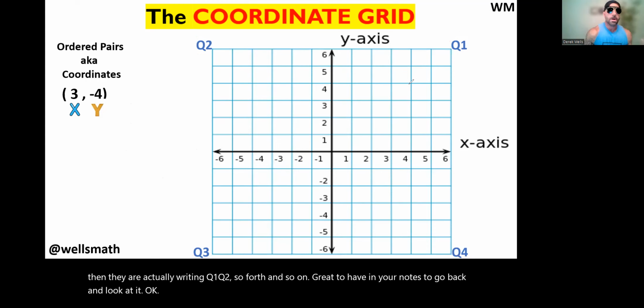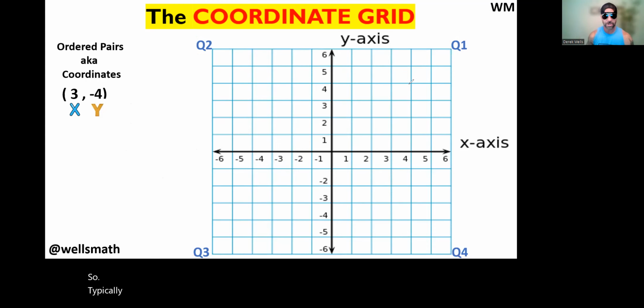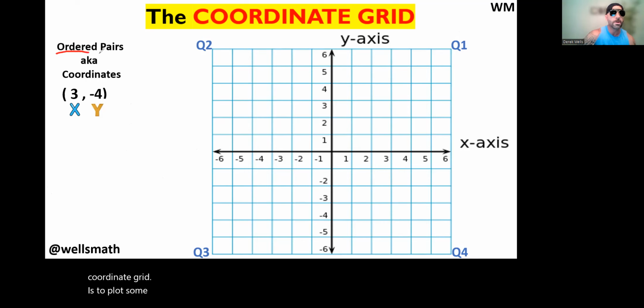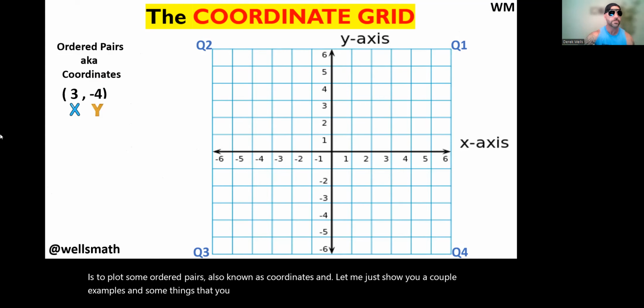So typically what your teacher is going to ask you to do when you see a problem about the coordinate grid is to plot some ordered pairs, also known as coordinates. Let me just show you a couple examples and some things that you need to know. So your ordered pair, (3, -4).